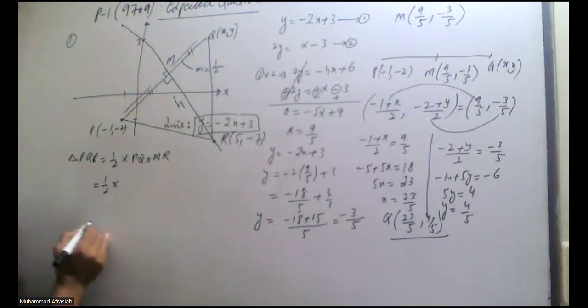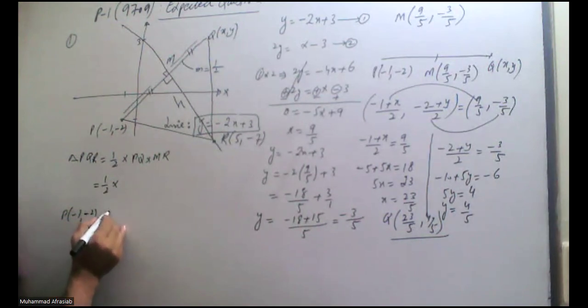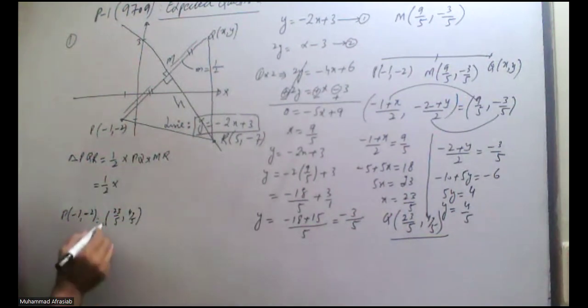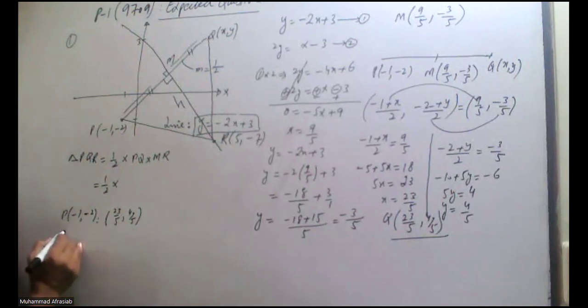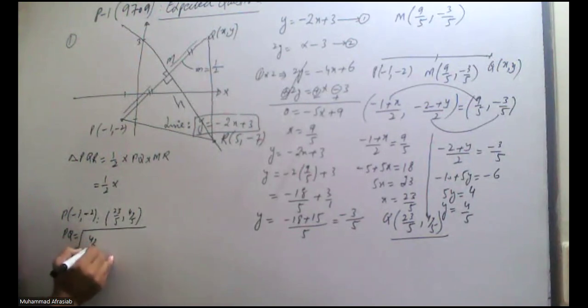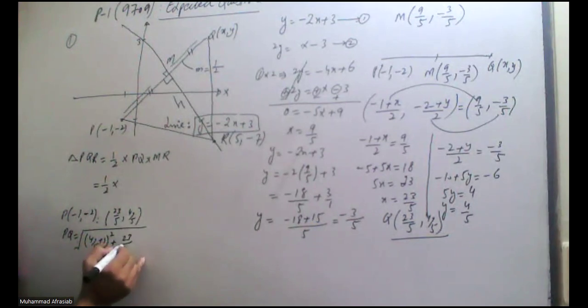The P coordinate is (-1, -2) and the Q coordinate is (23/5, 4/5). So PQ is the square root of (4/5 + 1) whole square plus (23/5 + 2) whole square.